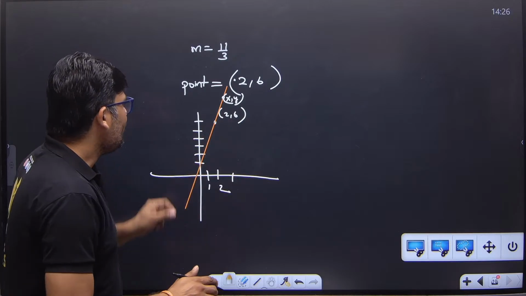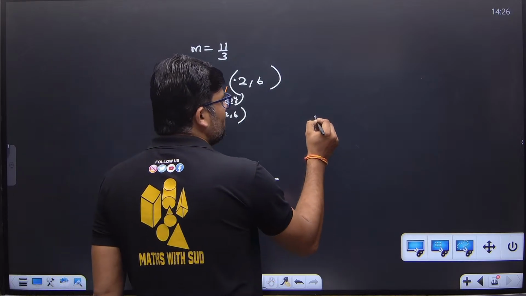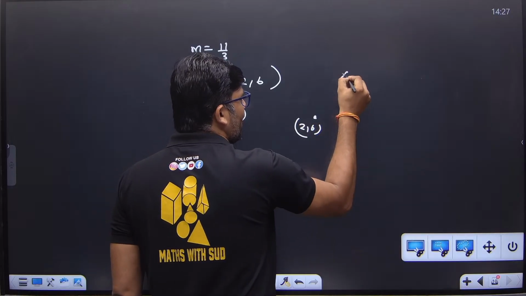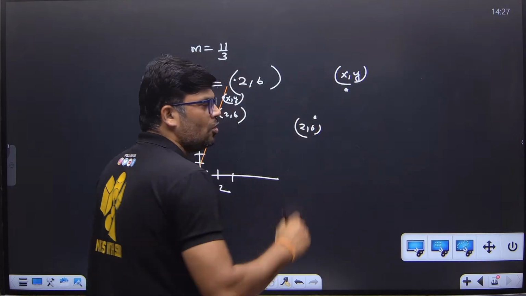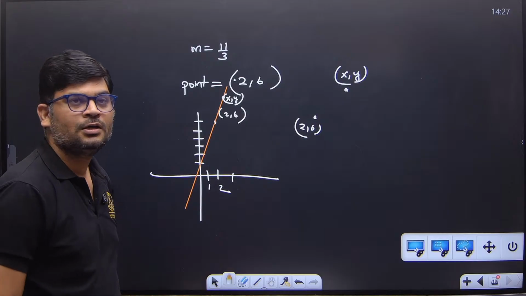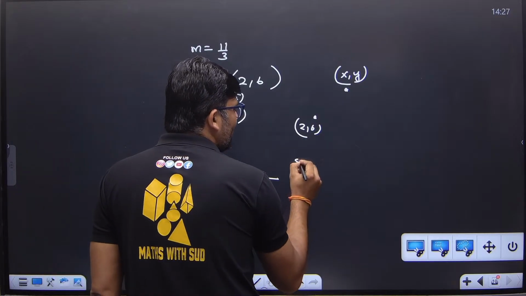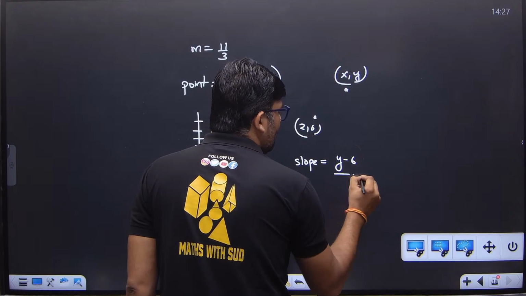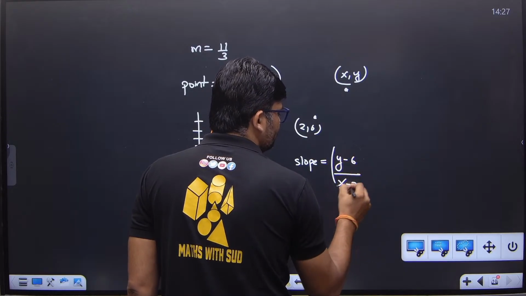If a line is passing through 2 points, let us say 2, 6 and x comma y, you know what the slope of this line is? The slope of the line is given by the formula y minus 6 upon x minus 2.